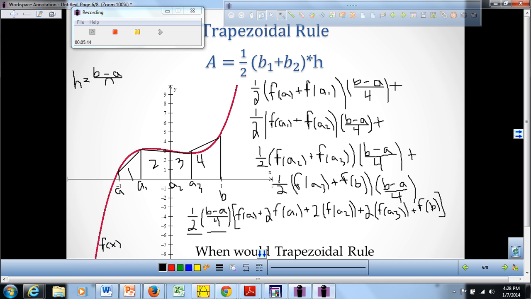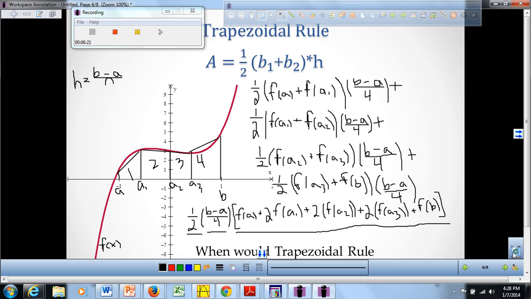So all of the vertical lines in the middle of our interval from a to b get used twice. So that's why we have f of a plus 2 times f of a sub 1 plus 2 times f of a sub 2 plus 2 times f of a sub 3, and then we finally get to the right end of our interval, and there's only one time that we use f of b. So this is what we would call the trapezoidal rule.